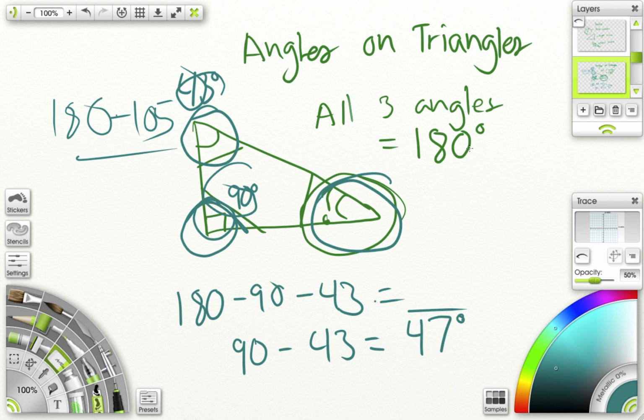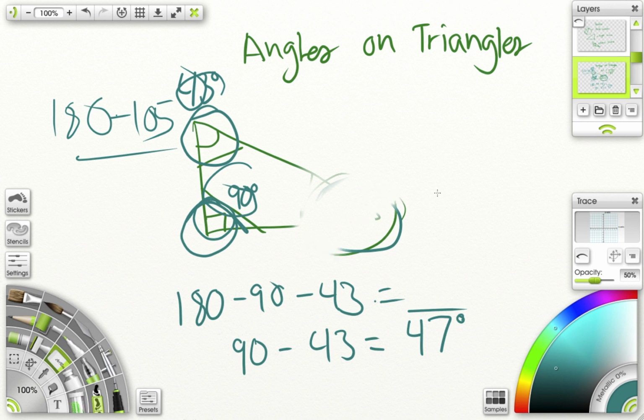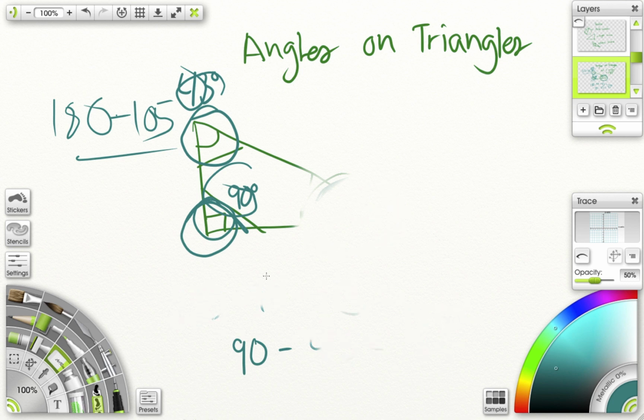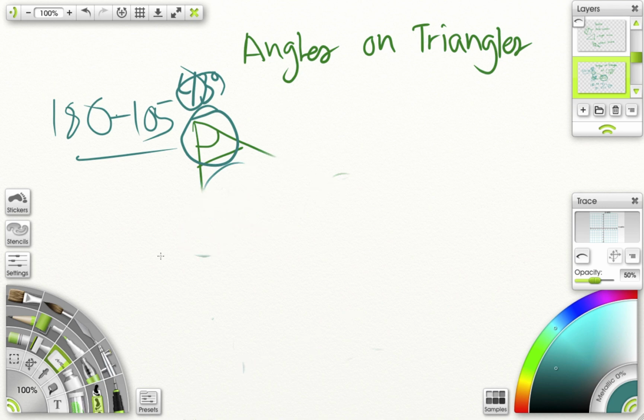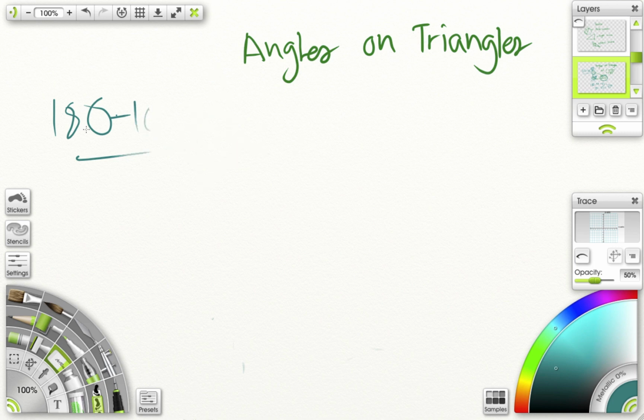So I'm going to give us a few more examples. This time I'm going to label our triangle a little bit more properly, so we know how to properly label this angle. So I'm going to draw this as best as possible.